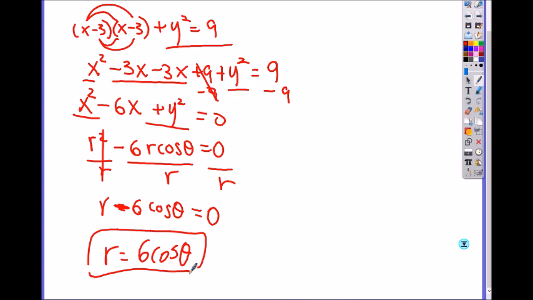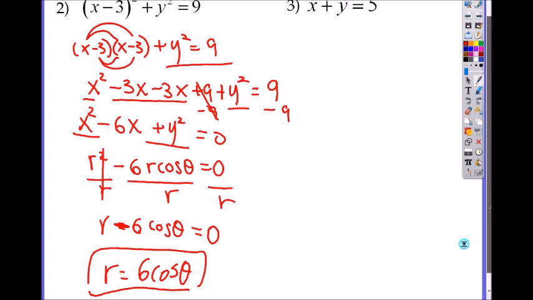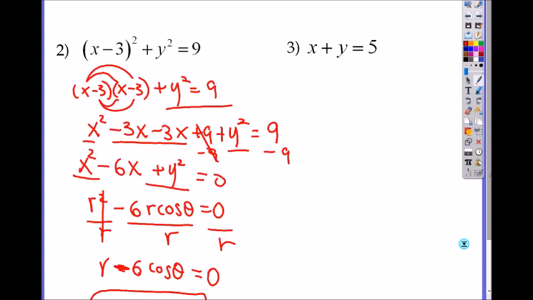What about number 3? What can you do for number 3? Yeah, you just have to substitute what x and y equal, right? What is x? r cosine theta plus r sine theta equals 5. Now what?